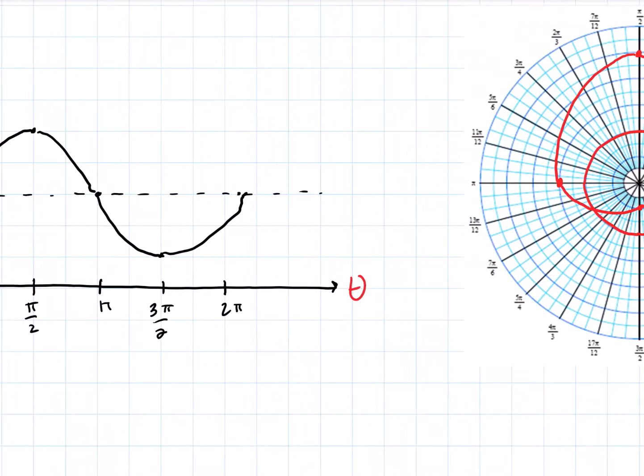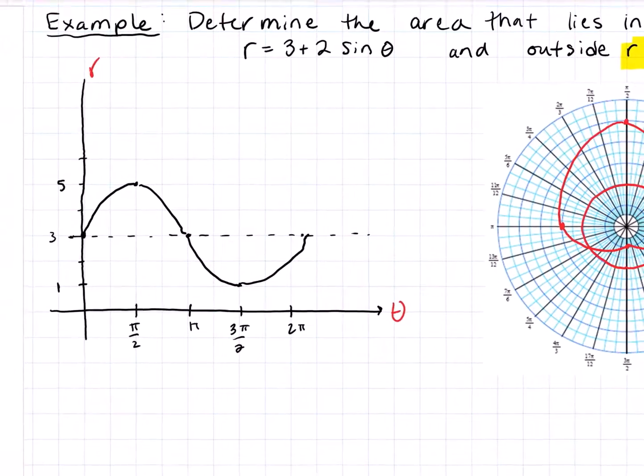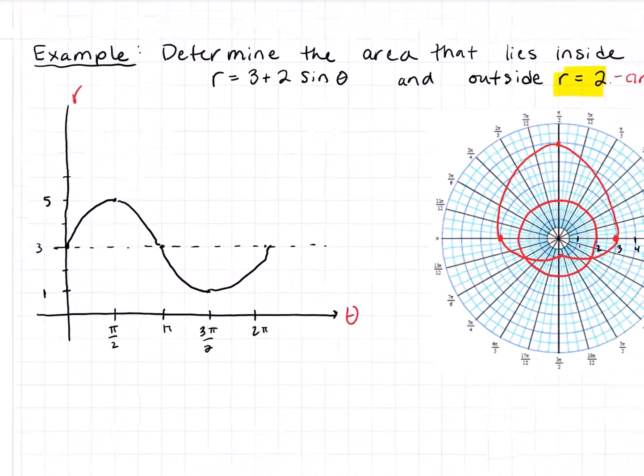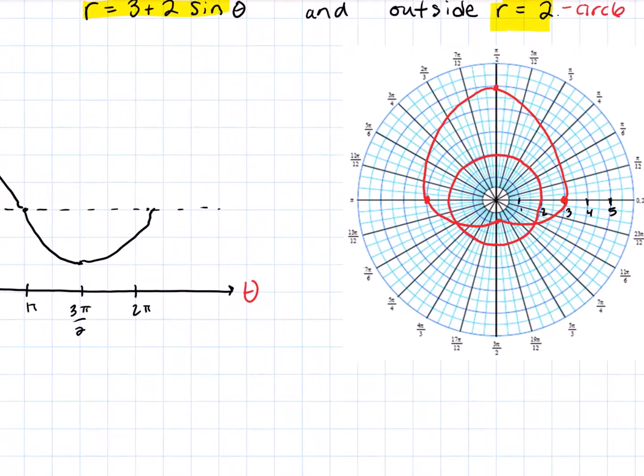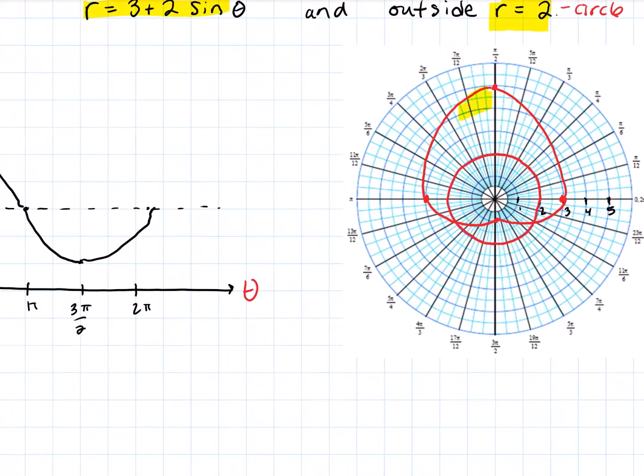And so let's take a look at where those two curves intersect. In order to get the graph, we probably should have done that first, but let's do that now. So where do those two curves actually intersect? Because what we want to find is the area that lies inside of the cardioid here and outside of the circle. So where would that be? Well, I know my curve is not the greatest, but we are looking for this area here.